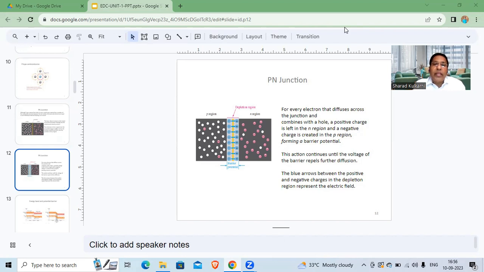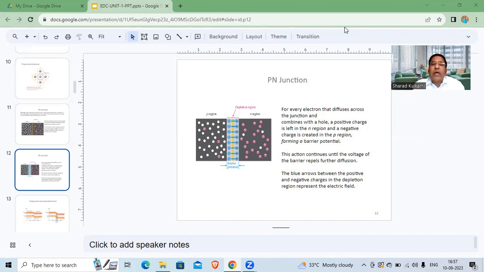As holes try to cross the junction, holes are positively charged particles, and nearby the junction you can see the positive ions, they will repel these holes and they will move away from the PN junction. And the electrons which try to cross the junction will find the negative ions, and electrons are negatively charged particles, and these ions are also negative.